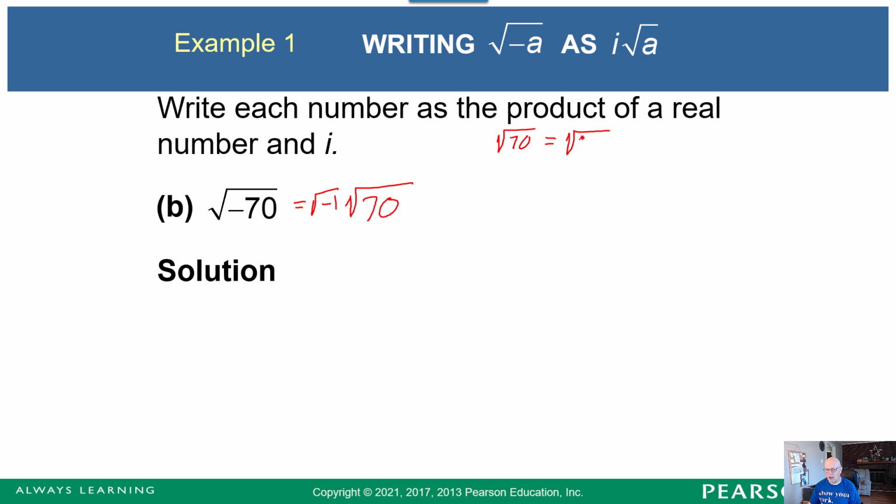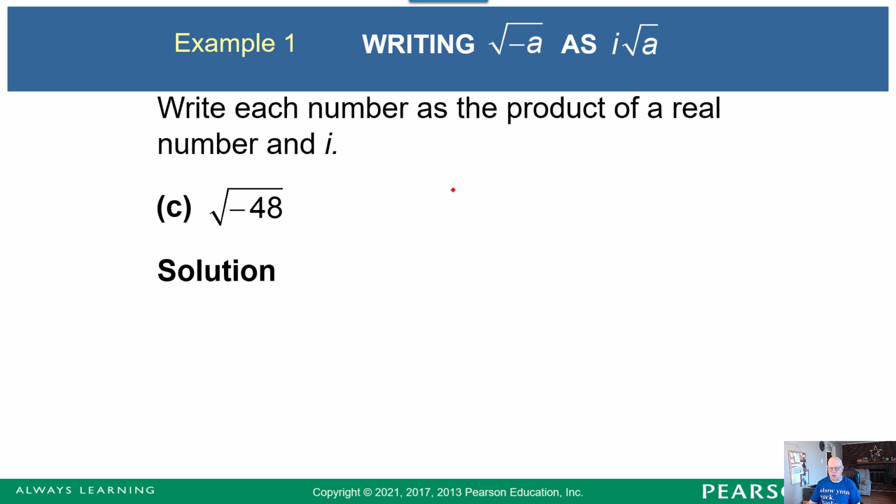You can factor a 2 out of this, a 5 out of this, and a 7 out of this. Well, unfortunately, none of those comes out even. So we'll just leave it as a square root of 70, and our answer will be i square root of 70. Follow? Okay, so when you do get something like this, investigate and see if there are any factors of 70 that are squares.